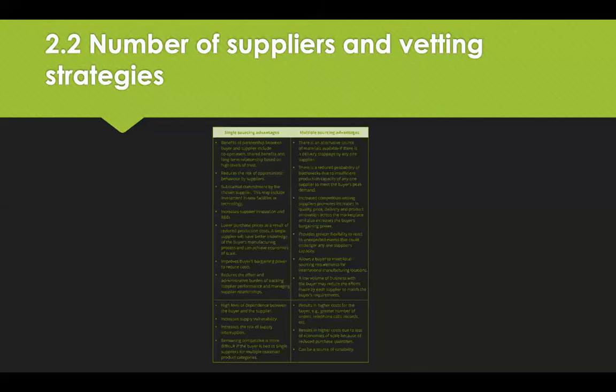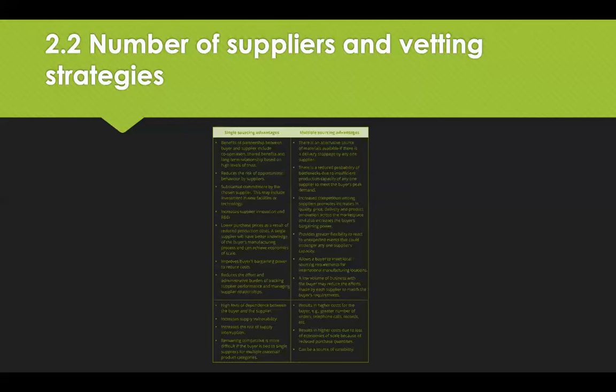So let's look at the multi-sourcing advantages. There's lots of different ways that you could source what you're looking for. Reduced probability of bottleneck suppliers, better competition, greater flexibility to react to unexpected events. Buyer can meet their local sourcing requirements, and a low volume business with the buyer may reduce the efforts made by each supplier to match the buyer's requirements.